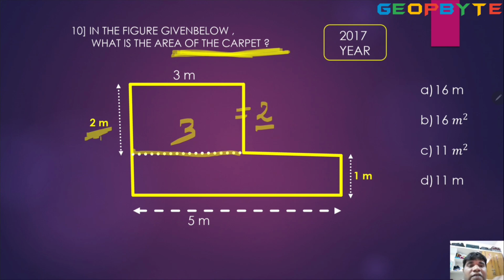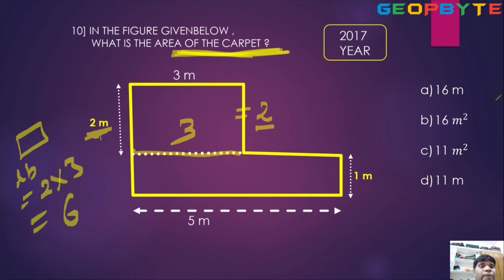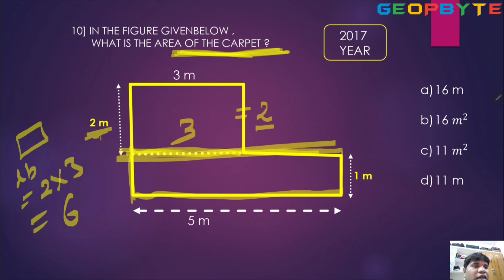Rectangle. What is the rectangle area? The above box rectangle area is LB. That is 2 into 3, 6. Now the bottom, the lengthy box. In this lengthy box, observe.